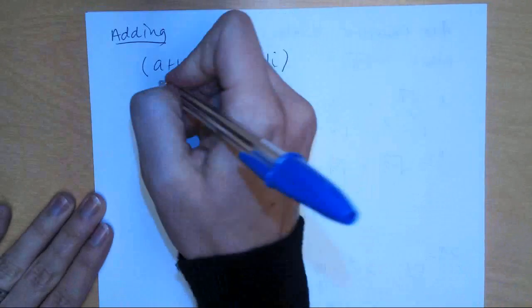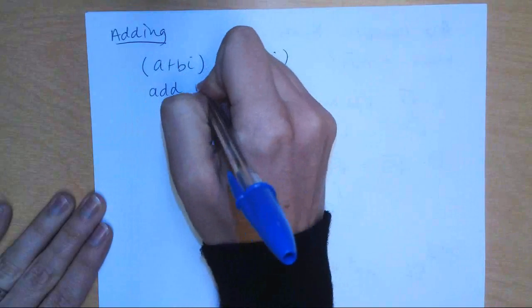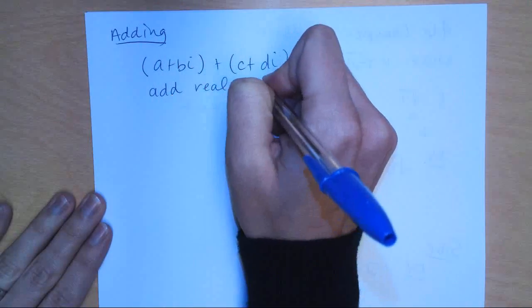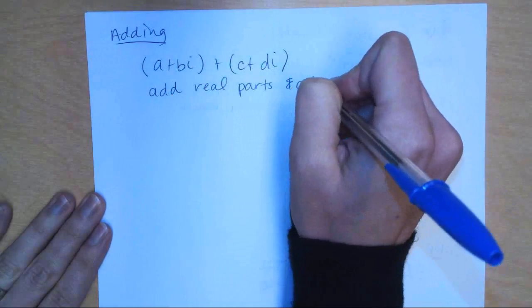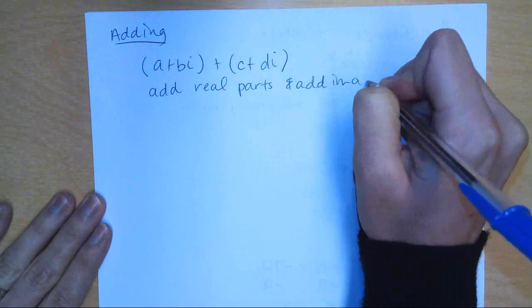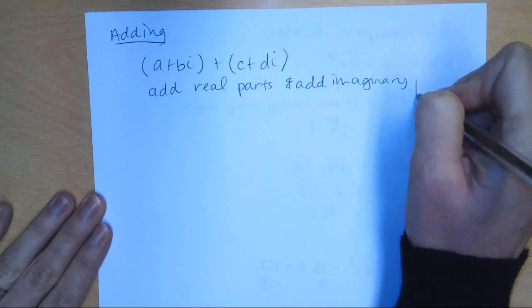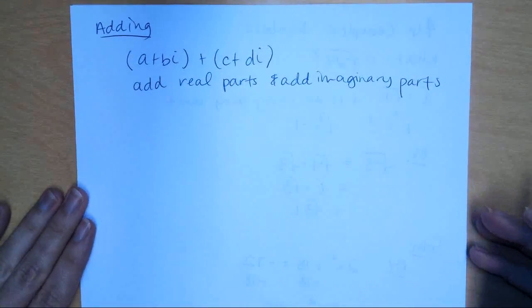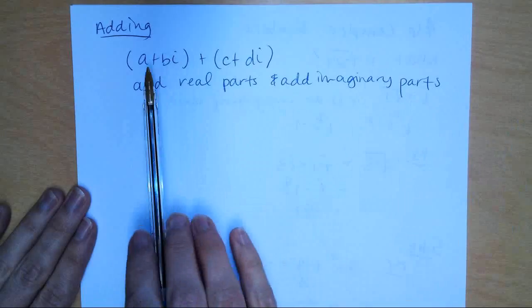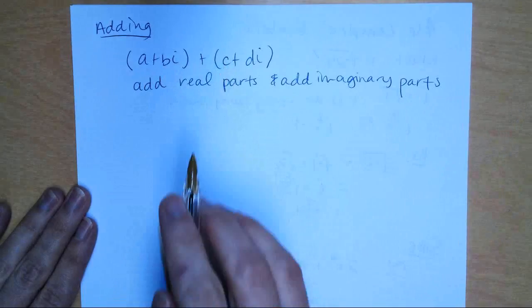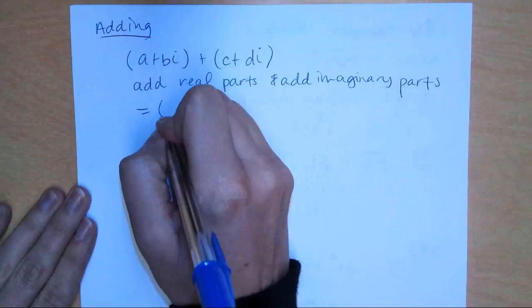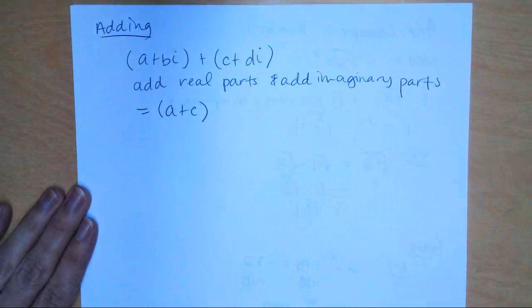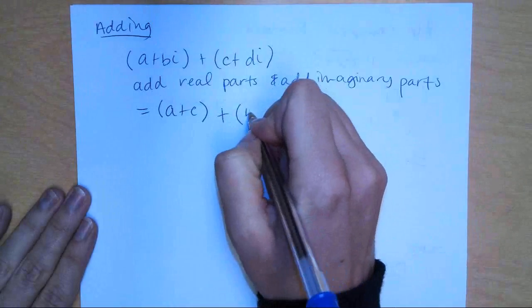We're going to add the real parts and then add the imaginary parts. What is C and D then? Is that like in the places A and B? Yeah, this is like two different numbers. Okay, so if we were going to add these, we would get a plus c. Those are going to be the two real parts that we add together. And then we're going to add the imaginary part, so b plus d i.